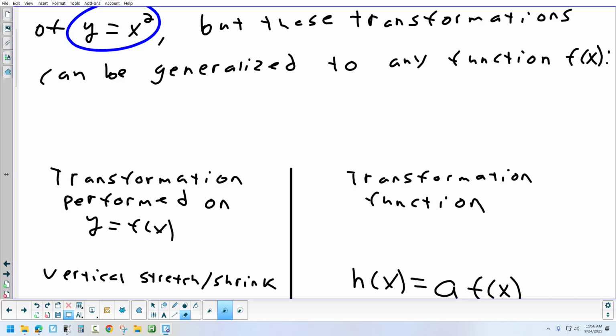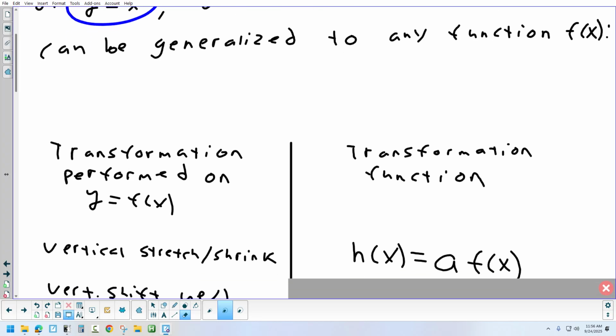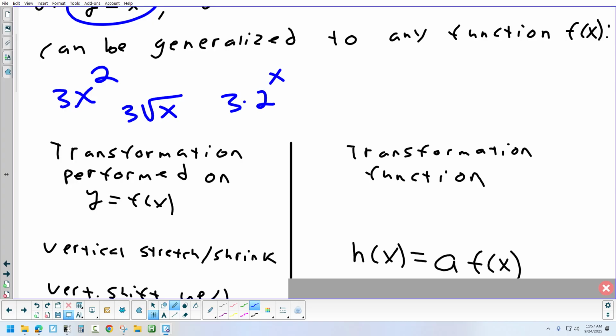Whenever you multiply by a number at the beginning, that is always a vertical stretch. Whether it's a parabola, that's a vertical stretch for a parabola. There's a vertical stretch for a square root. There's a vertical stretch for an exponential. Anytime you multiply by a number in front of your formula, that will always stretch it vertically.